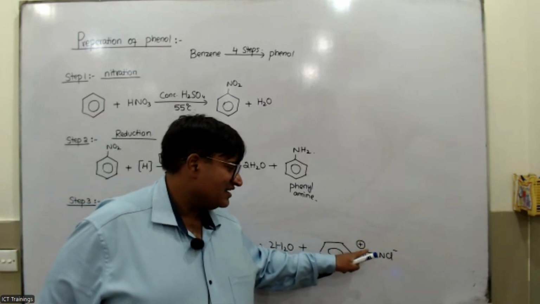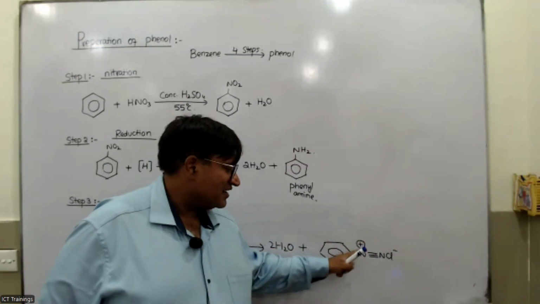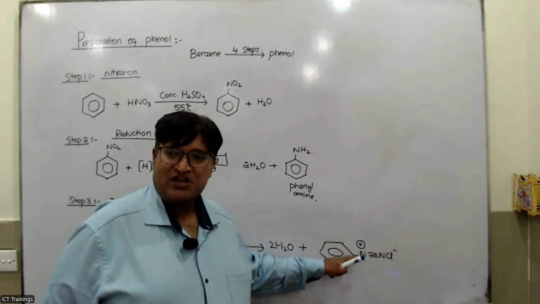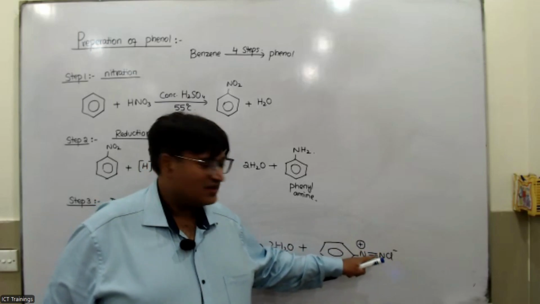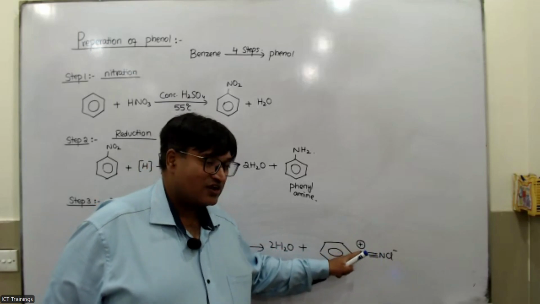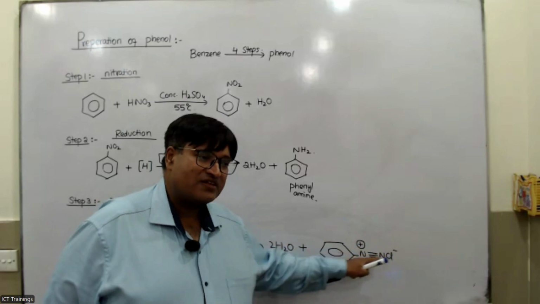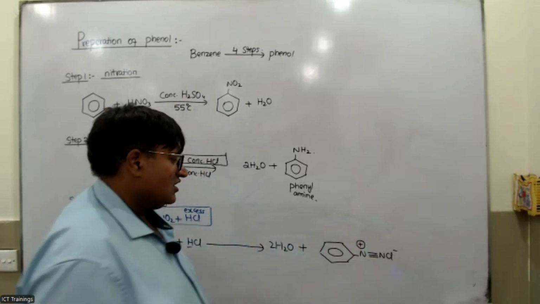The reason is that nitrogen normally has to make 3 bonds, but this nitrogen has made 1, 2, 3, and 4 bonds. Why? Because it has shared its lone pair, forming the dative bond. So that is why this one got the positive charge.